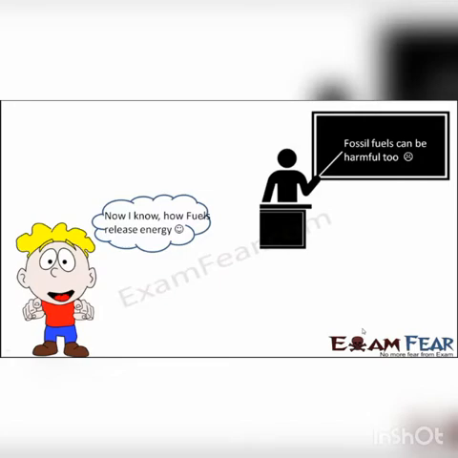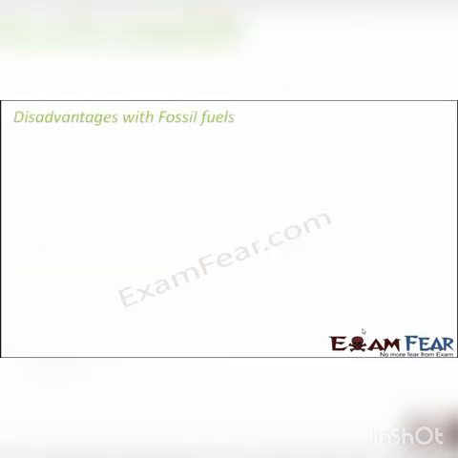Now, when we spoke about fossil fuels, the most commonly used fuels, that is coal, petroleum and natural gas, it is also important to know that these fuels can be harmful too. It is not only the advantages which are associated with these fuels, but they can be dangerous as well. So let us look at the disadvantages associated with the use of fossil fuels.